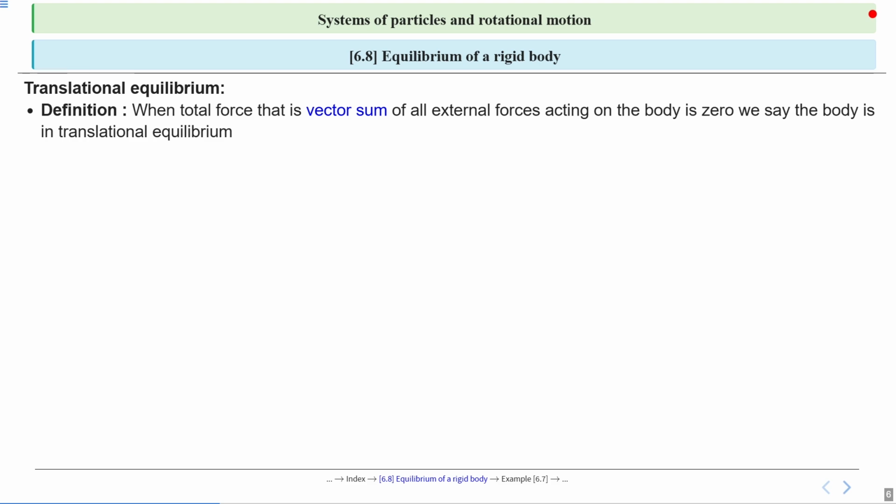And if we talk about rotational equilibrium, in that case we will use external torque. So vector sum of all external forces acting on the body is 0. So there is no linear acceleration. No linear acceleration means the body is at rest or moving with constant velocity. If the body is moving with constant velocity, it means there is no linear acceleration. All right.